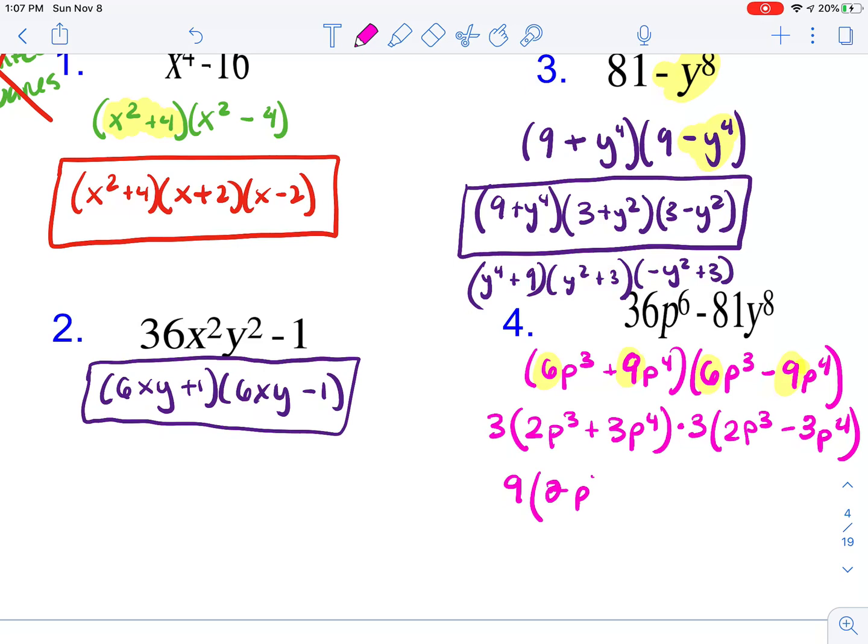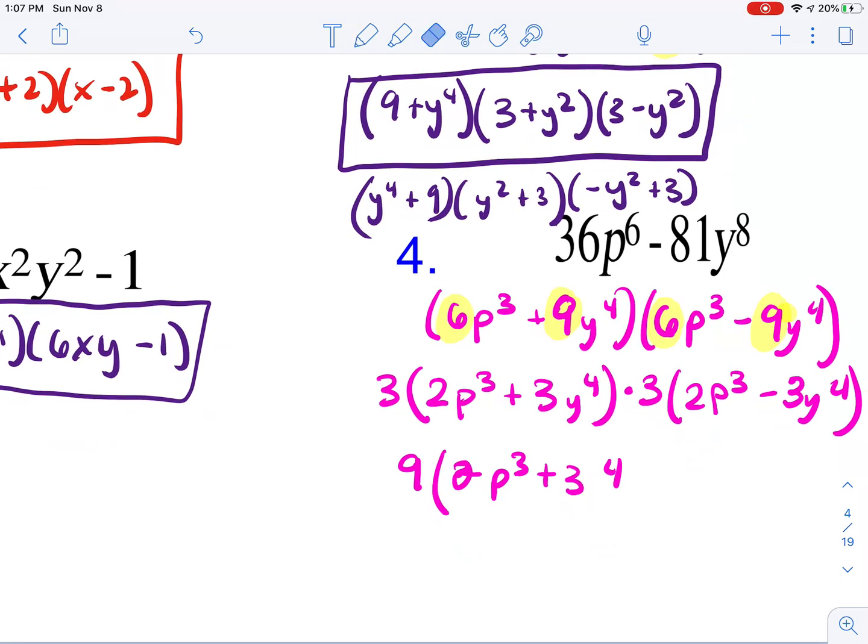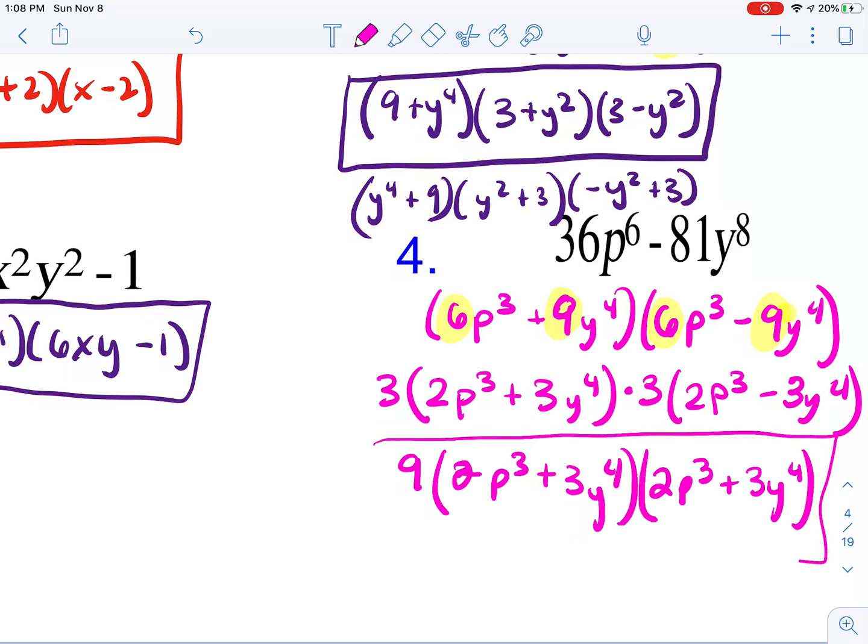Oh, I'm sorry, I messed up a little bit here. This p should be y across the board: y, y, y, and y. And then 2p to the 3rd plus 3y to the 4th, which is finally our factored completely format.